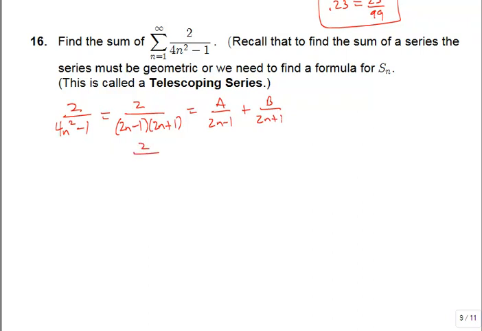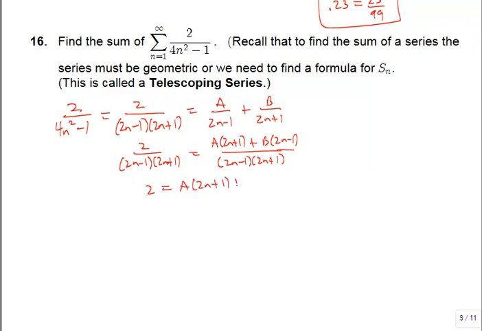And if we get a common denominator on that right-hand side, then we can equate these two sides of the equation and figure out what our A and B coefficients need to be. So my common denominator is going to give me these terms in the numerator. So 2 has to equal A times 2n plus 1 plus B times 2n minus 1.